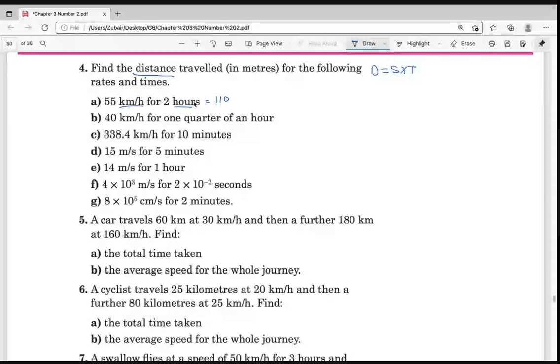Hours cancel out and left with kilometer. It says 40 for 1 quarter, that is 0.25. 40 into 0.25 is 10 kilometers. I part. Be careful with the units.